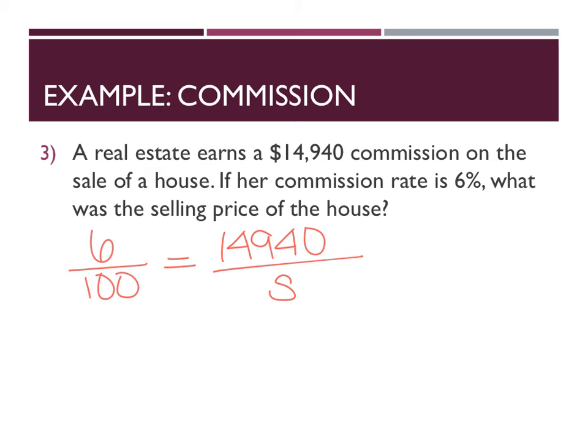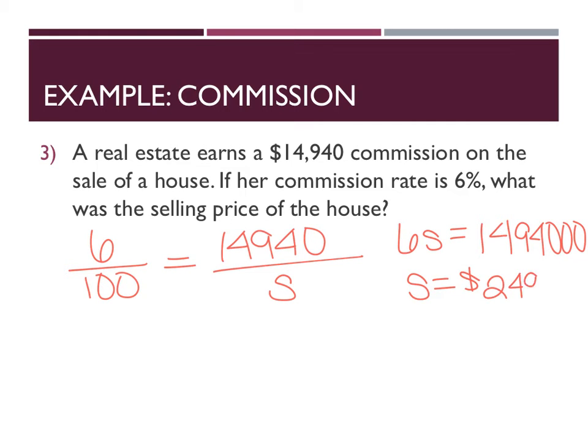So I have 6x equals 100 times 14,940, which gives you 1,494,000. Divide that by 6. So the selling price of the house was $249,000.